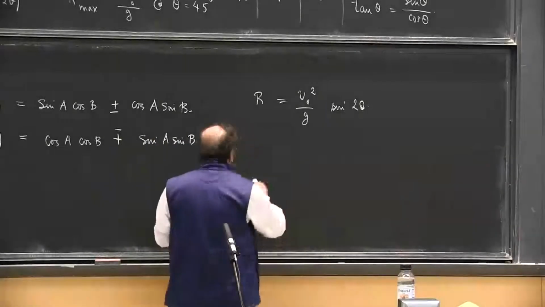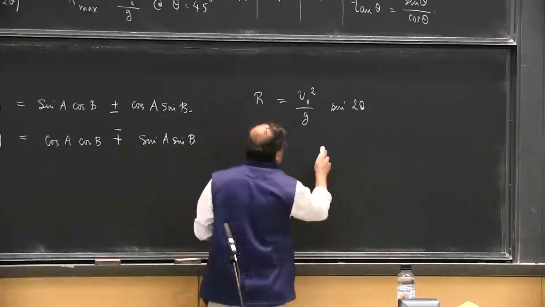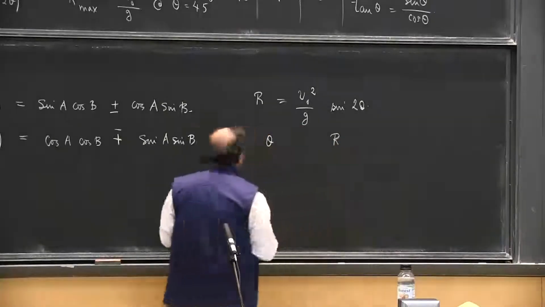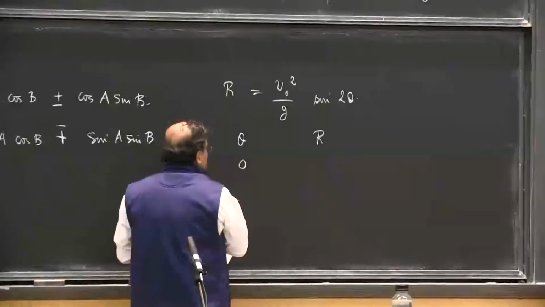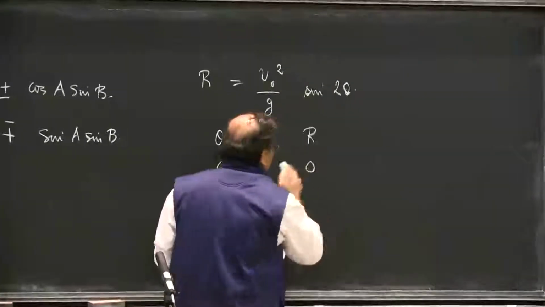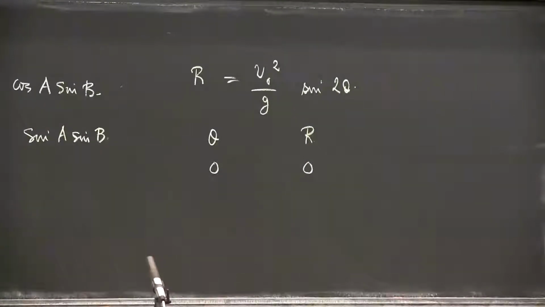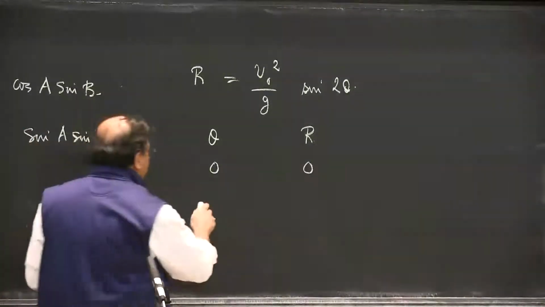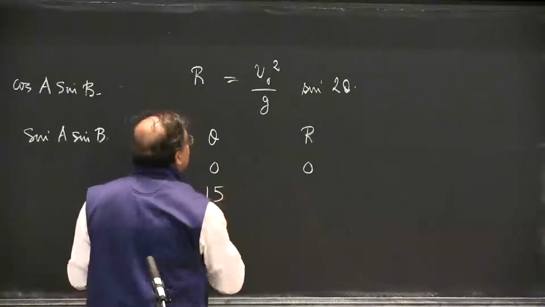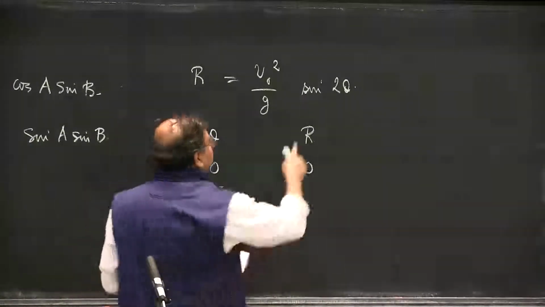If I make a table of theta and R, it's pretty clear that if theta is 0, nothing happens. Then the range would be 0, because there is no motion if theta is 0, so R is 0. If theta is 15 degrees, then sine of 2 theta would be sine of 30.